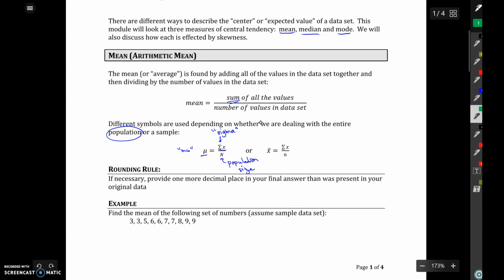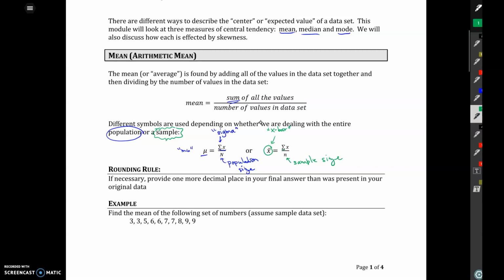When we have a sample data set, the symbol we use for mean is X bar, a letter X with a bar over top of it. Again, the formula says we add up all the X values and divide by little n. Little n in a statistical formula stands for sample size.